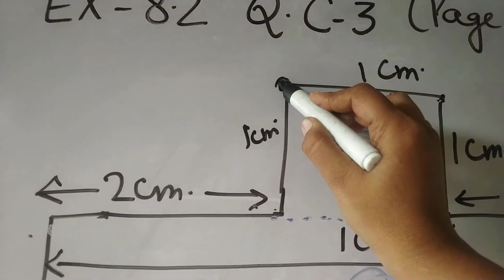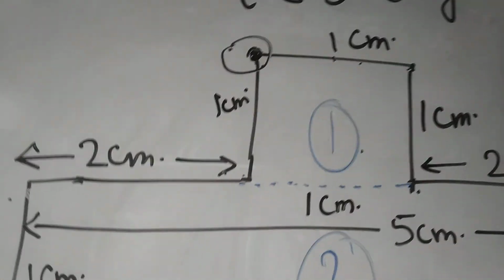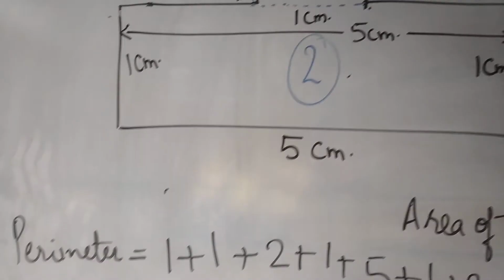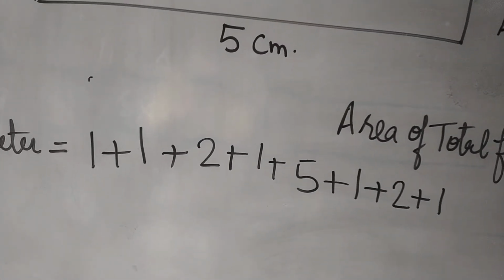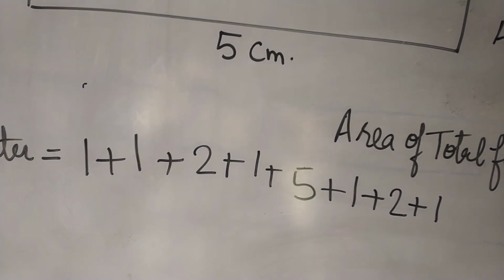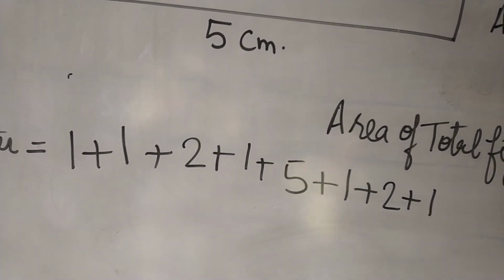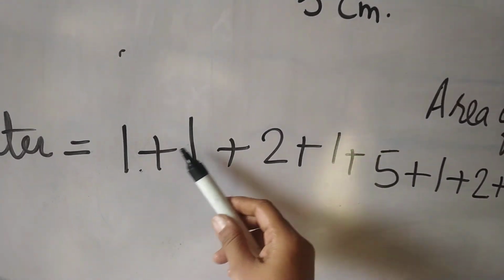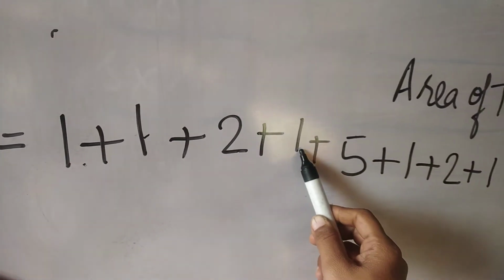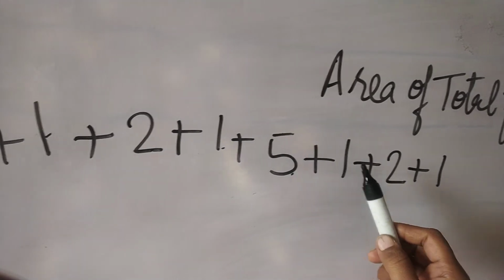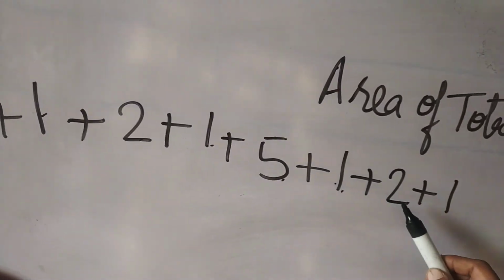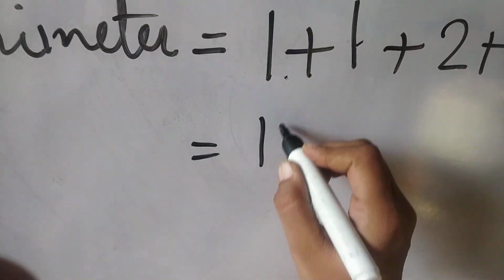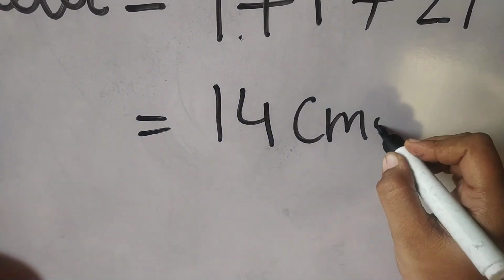I have started from here and now I have ended till here only. That is the perimeter as I told you. Again we will check once again. That is 1 plus 1 plus 2 plus 1 plus 5 plus 1 plus 2 plus 1. Now we will add it. 1 plus 1 is 2, plus 2 is 4, plus 1 is 5, plus 5 is 10, plus 1 is 11, plus 2 is 13, plus 1 is 14. So its perimeter is 14 centimeter.